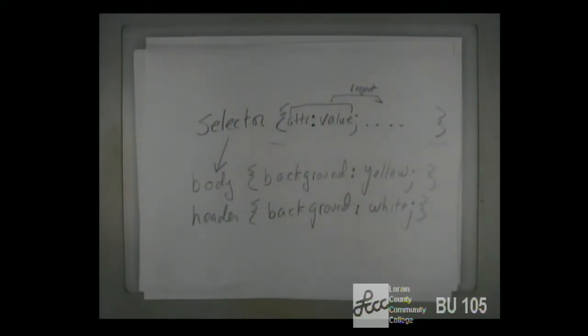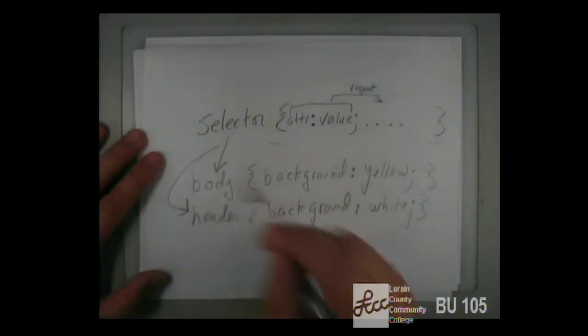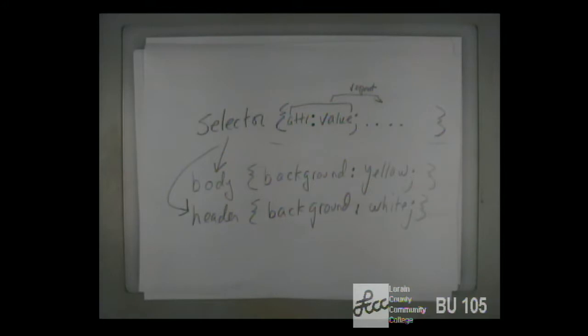Again, this is a selector. What on the page gets this? Well, what gets it is everything in our header tag or tags, because there could be more than one header tag potentially. It probably won't be, but there could be. So that's what gets the style rule.